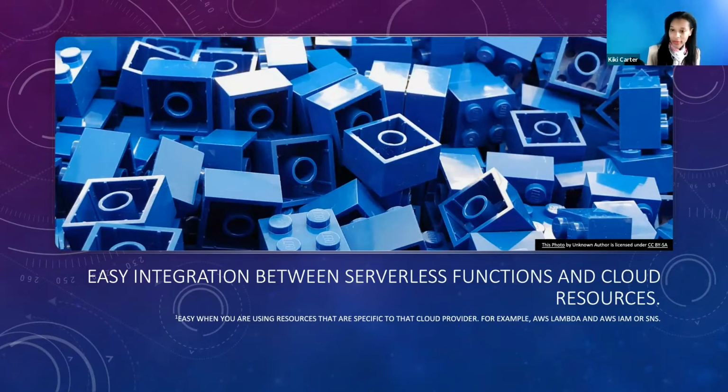If you are using resources specific to that cloud provider, for example, if you're using AWS Lambda and you need security or SNS or Kinesis or something like that, sure, it's super easy to integrate, and you will have a very smooth experience. But you have to, again, be aware when you're looking at the ease of integration, sometimes that's highly dependent on what's offered in the serverless platform.